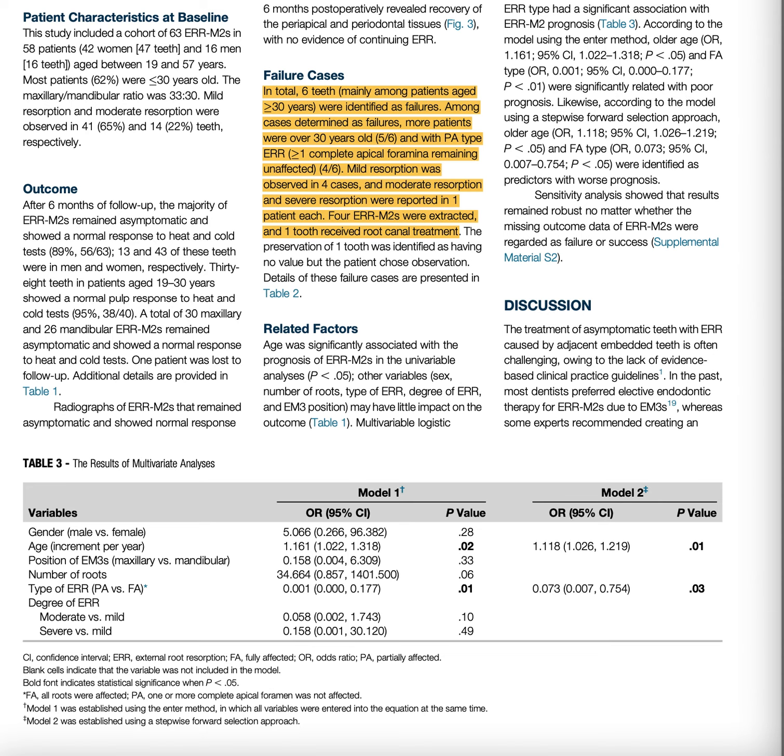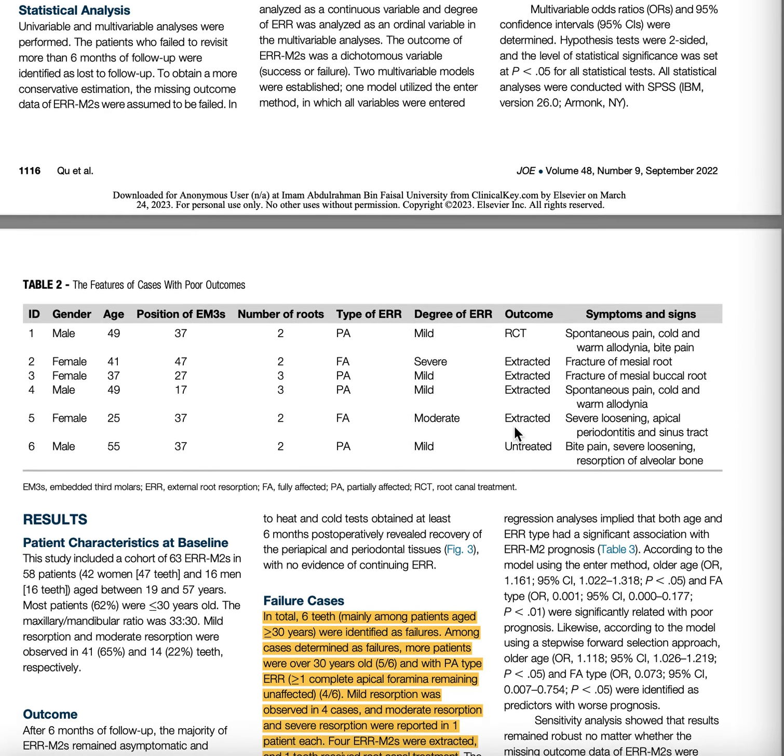In multivariable analysis, older age and the type of all roots affected were significantly associated with poor prognosis. In total, 6 teeth were identified as failures.